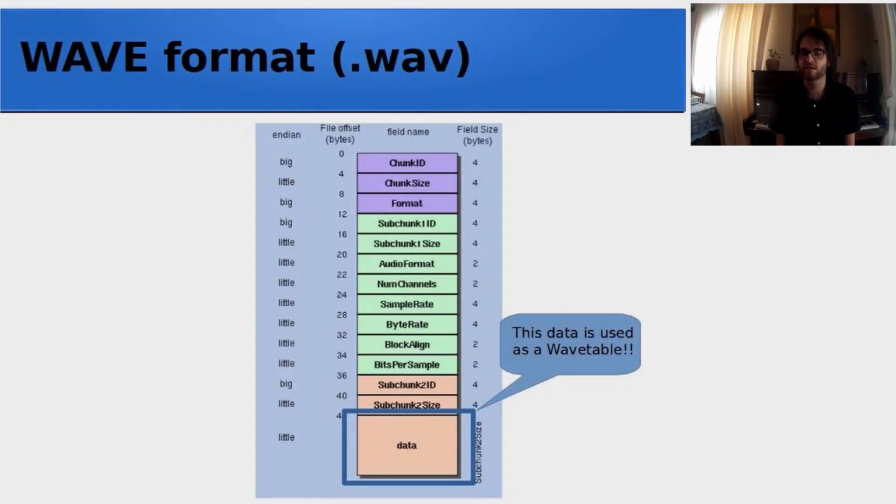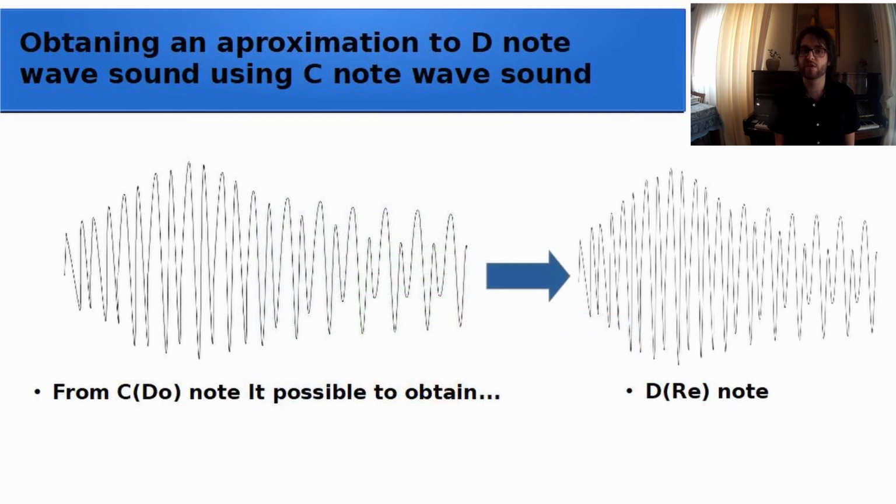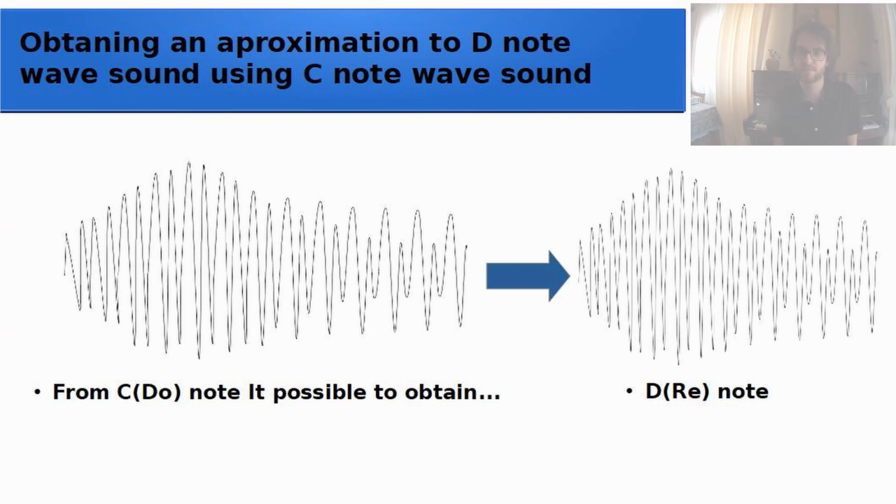The wavetable used in this project corresponds with the sample data of the wave files. As an example, thanks to this mechanism, it's possible to generate the wave sound corresponding with the D note by using a sample of the wave sound generated by the C note, without having the D note wave sound stored in memory. At the same time, the resulting generated sound maintains the natural sonority of the instrument that has been used in the recording of the wavetable.